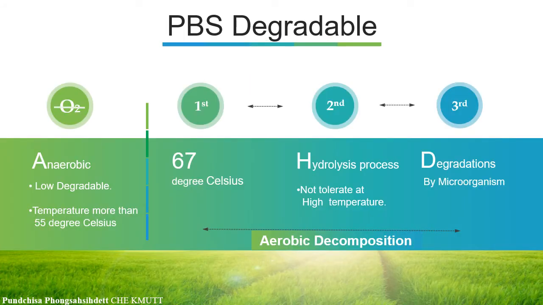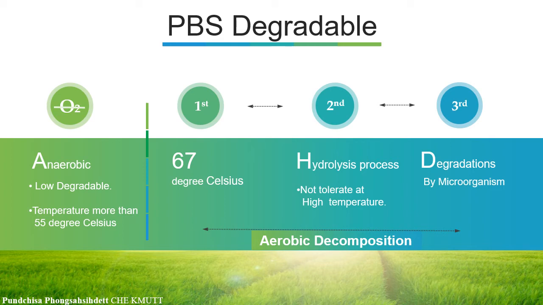When it comes to PBS degradation, PBS can degrade by anaerobic decomposition, which we'll explain further. PBS degrades at temperatures of more than 55 degrees Celsius with a low rate of degradation. The next process is aerobic decomposition, which can decompose PBS at 67 degrees Celsius.